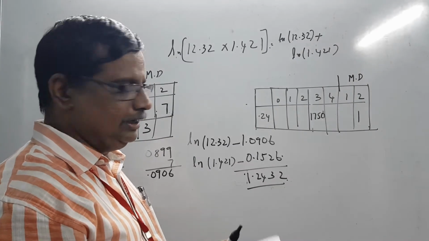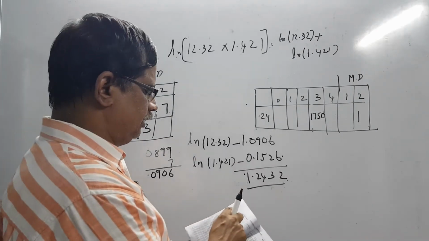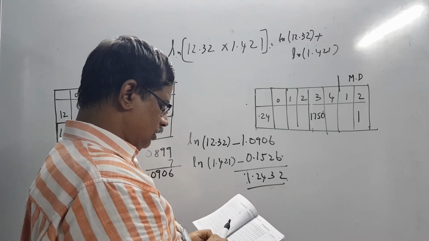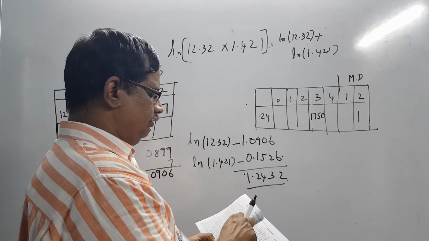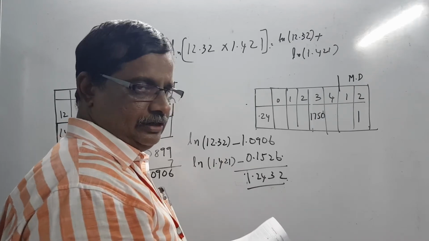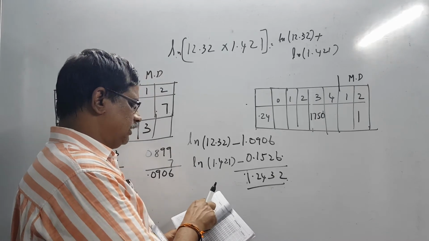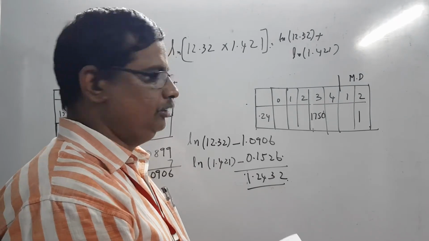On the anti-logarithm page, the first column starts with 0.00 and goes all the way up to 0.99. Then you have columns 0 to 9 and also a column representing the mean difference, like what we have seen earlier.